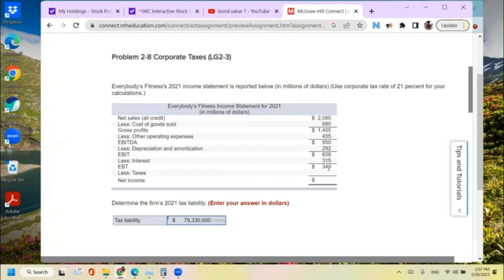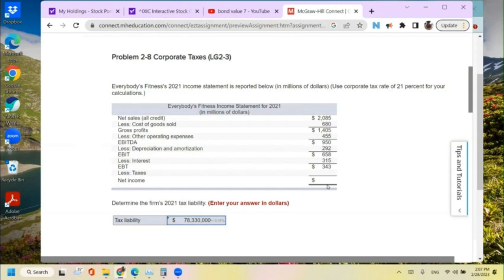Then EBT will be this, and whatever the tax rate, if it is 25% in the UK, you will apply 25%, and you will get taxes, and you will arrive at net income that way. So what's important is that universal logic, not idiosyncratic peculiarity. Right? Understand?